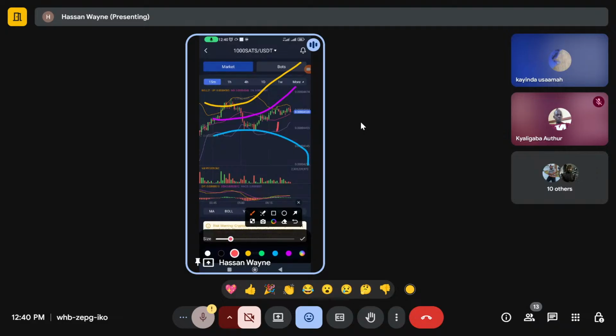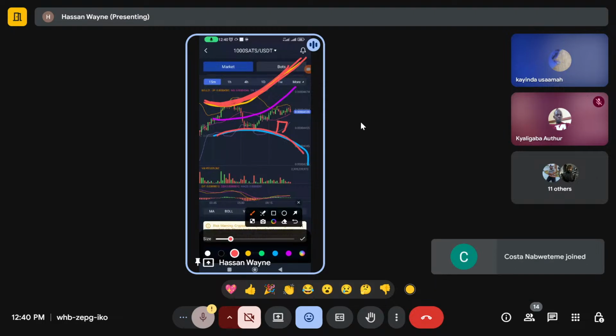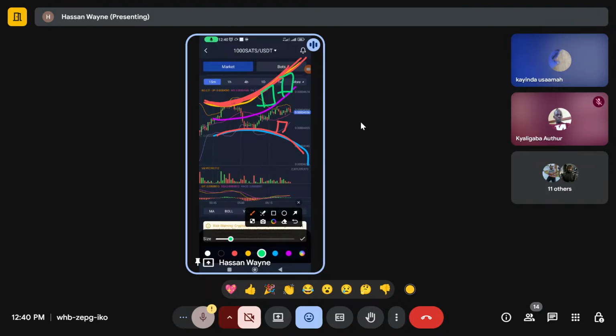When these Bollinger Bands start to open like this, some people call it the Kabaliga strategy. When they open like this, it means the market is either bullish or bearish. When the candles start forming on the upper Bollinger Bands, you can long the market or do normal spot trading. But when the candles start forming on the lower Bollinger Bands after they have opened like this, we enter short or sell the market.